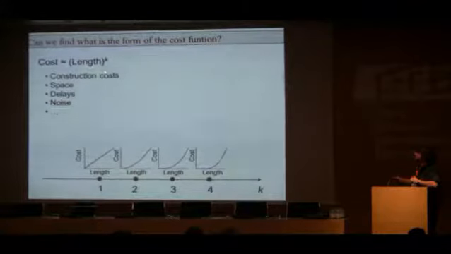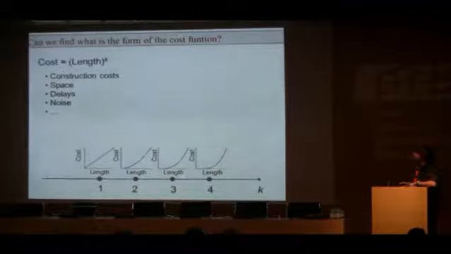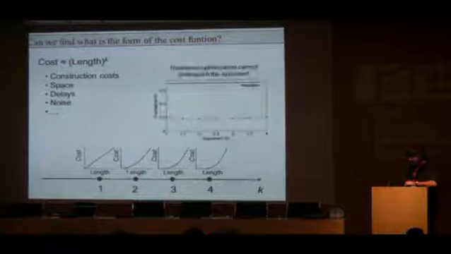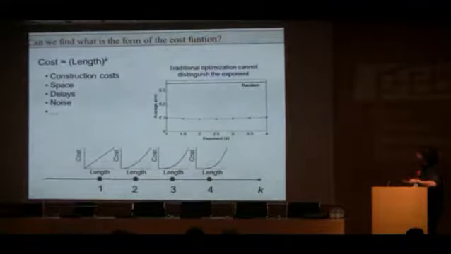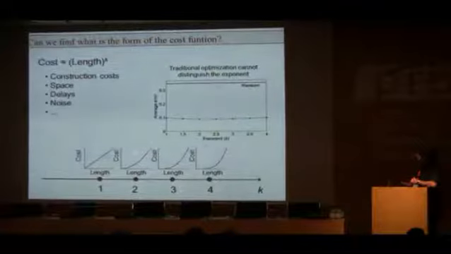Now you can ask yourself, how is the cost of the system? What is the cost that best explains what you see in the real system? And then you might consider that you have length to the 1, so length to the square, to the third, to the fourth. And you could do, in traditional optimization theory, the average error you make comparing what you get with different cost functions, comparing with the data.